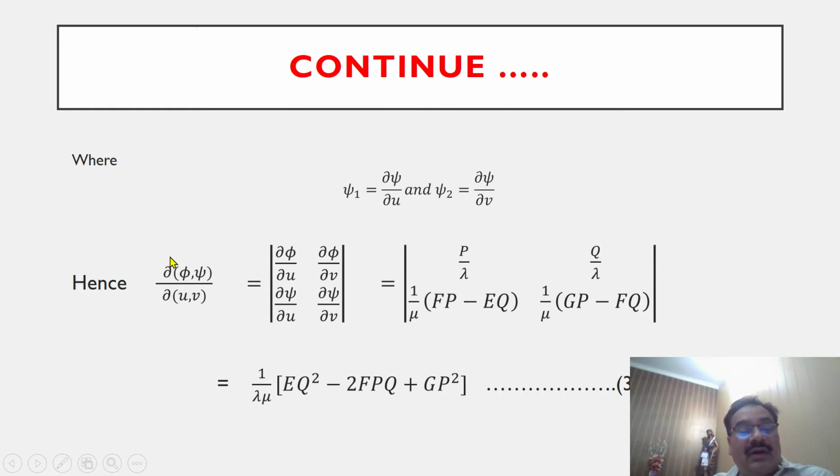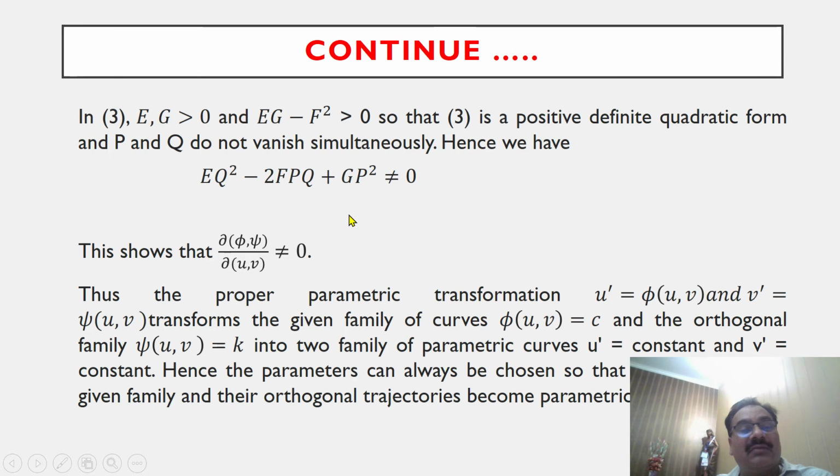Hence, del(phi, xi) over del(u,v) is the Jacobian with rows del phi over del u, del phi over del v, and del xi over del u, del xi over del v. Putting in all the values of the partial derivatives, on simplification we will get 1 over lambda mu times (E Q squared - 2F P Q + G P squared). Let this be equation number 3.